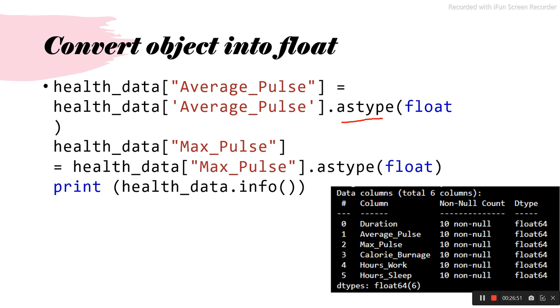So health data of, give the column name, which column you want to convert, average pulse dot astype, the function used to convert to the type you want. I want to convert it into float. Similarly for the maximum pulse column, health data of maximum pulse dot astype, you give float.